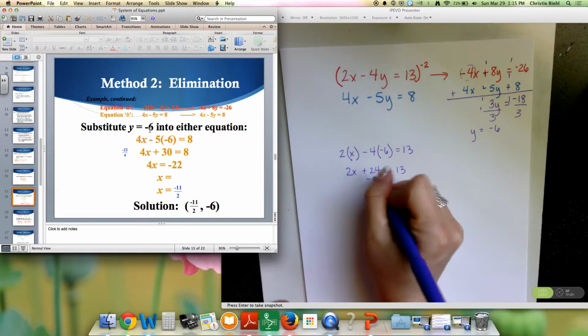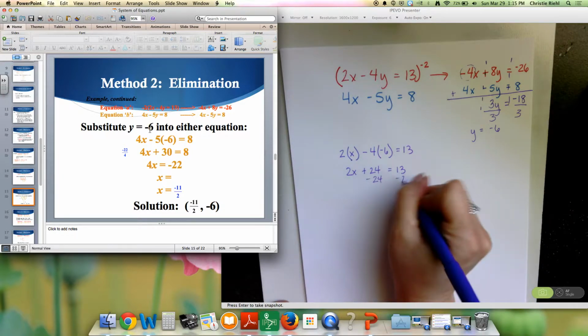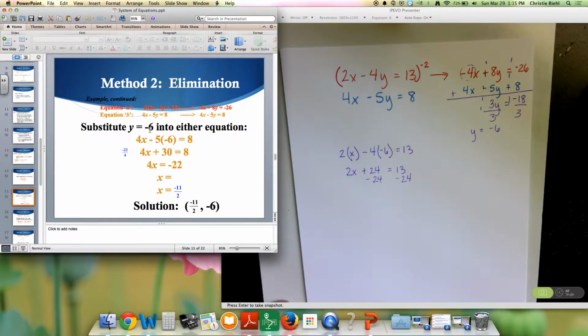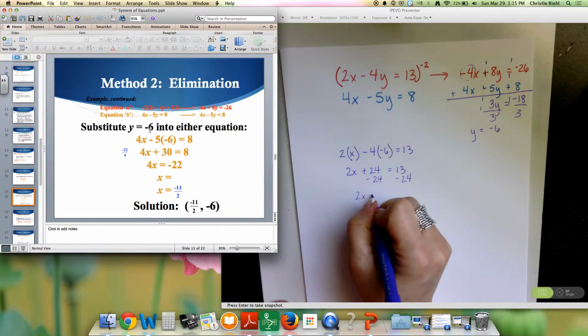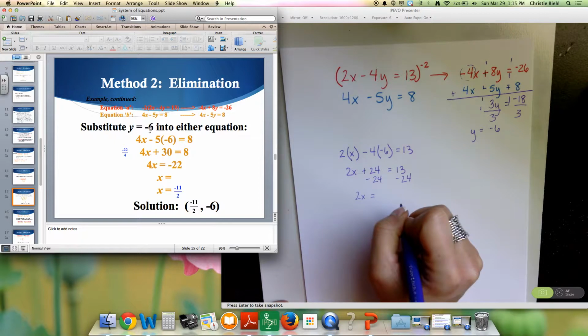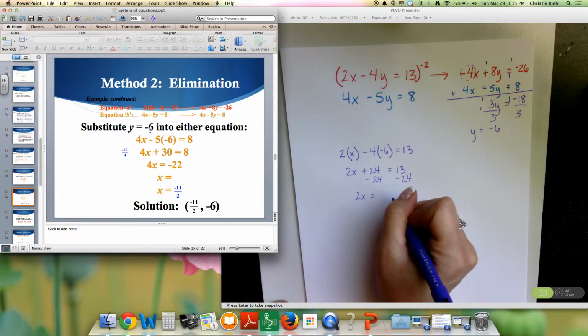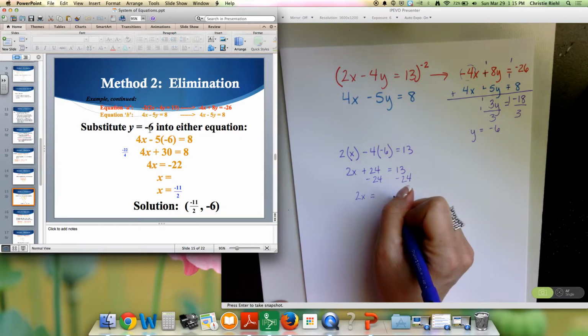Subtract 24. And I get 2x is equal to -11.